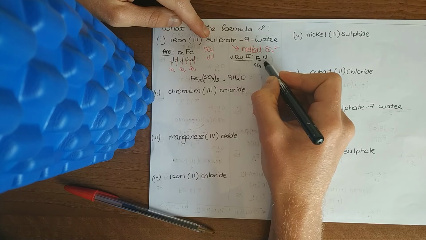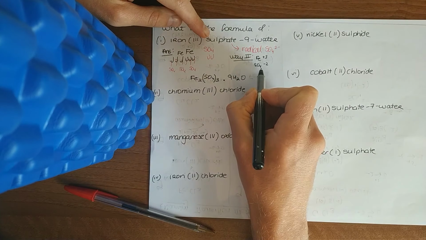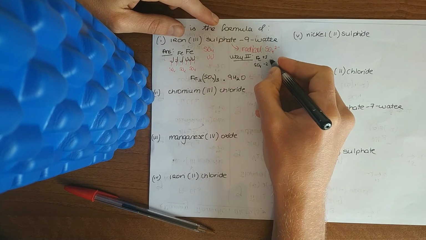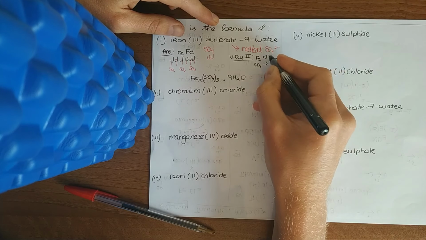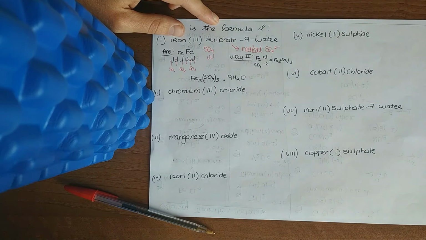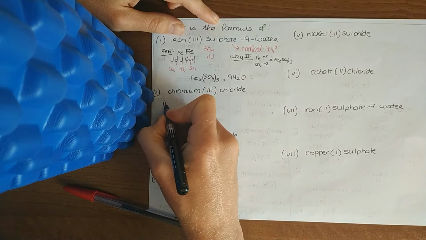You're going to need 2 of the irons and 3 of those sulfates. So some of you might prefer that. Let me show you one more time: Fe2(SO4)3. You're just looking at the numbers and seeing what they both go into. But since we've looked at valencies and Hooks before, I can't see why you wouldn't use it.